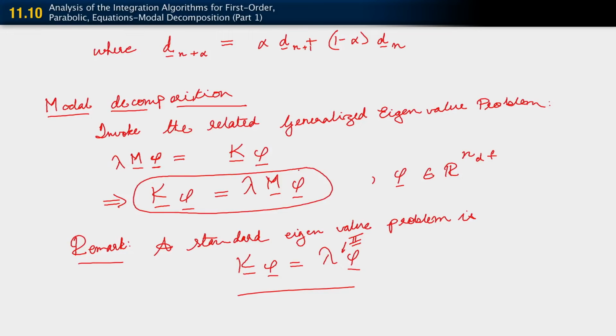Now, what one can do from here is the following.